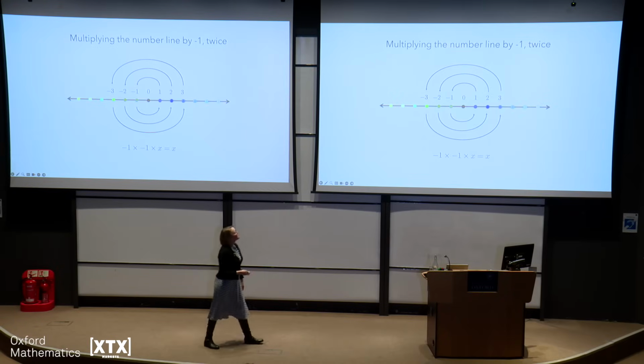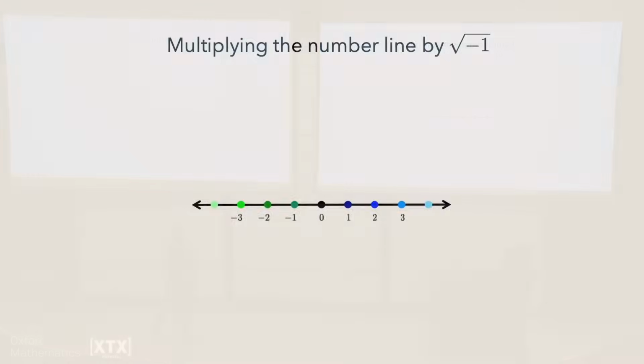Okay. So how can we think about the number that we just defined, i, the square root of negative 1? So negative 1 times negative 1 is 1, because negative 1 squared is 1, right?